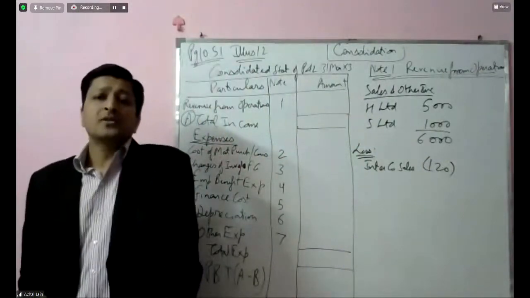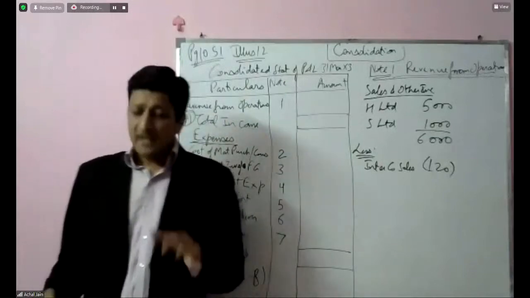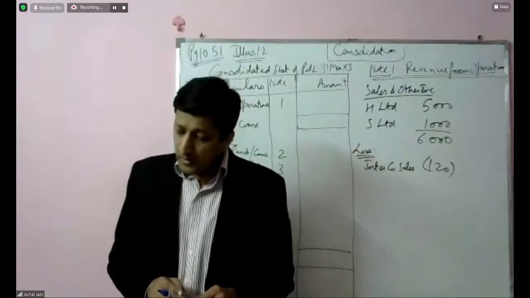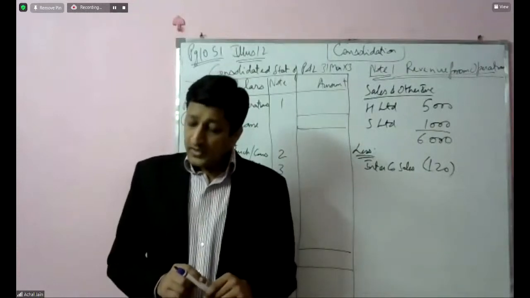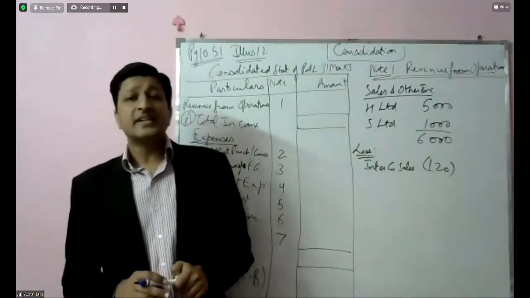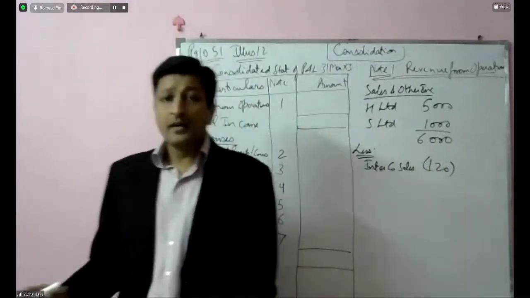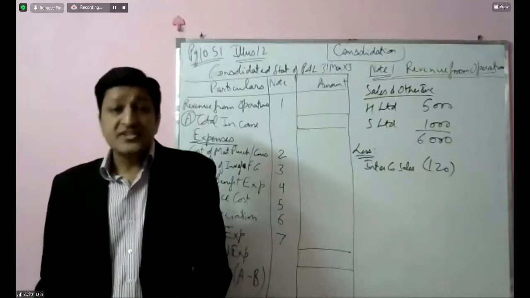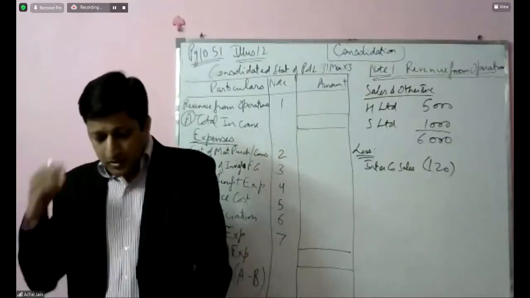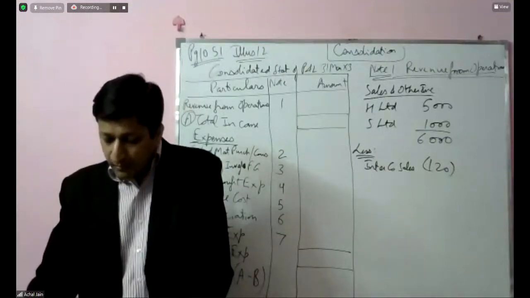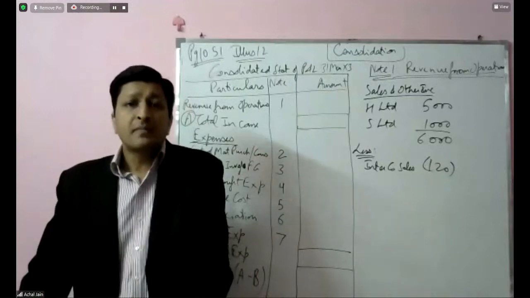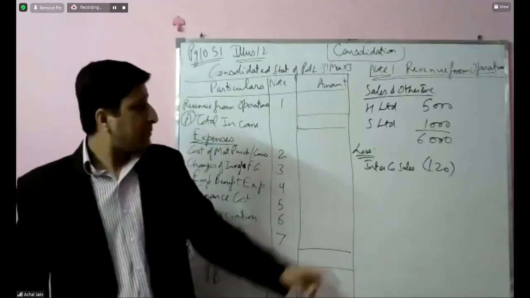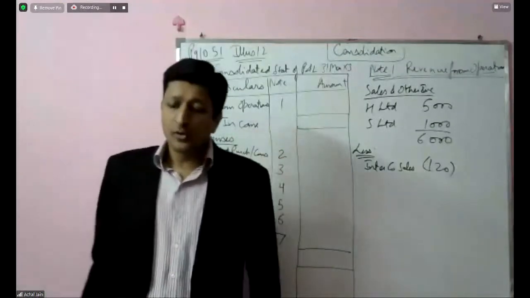Number 2, because this is the information about sales as well as other income, or we can say the entire revenue. So we also understand that some consultancy fee is earned by H Limited. Correct? So there is consultancy fee of H Limited which has been paid by S Limited. So that also needs to be eliminated. Why? Because this consultancy fee is also included over here.